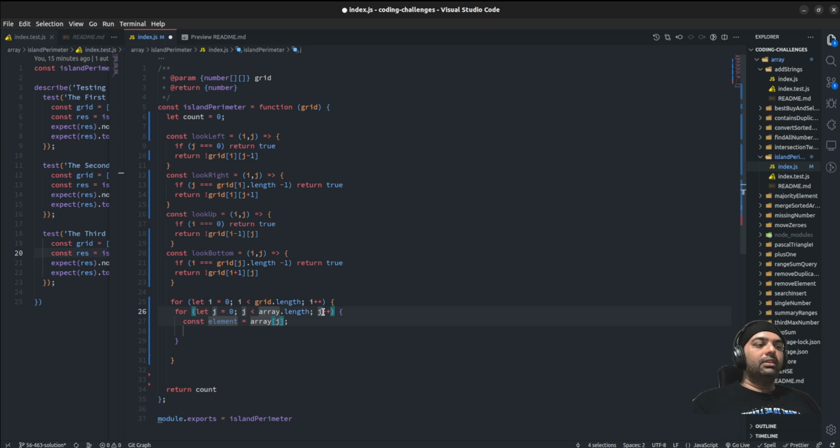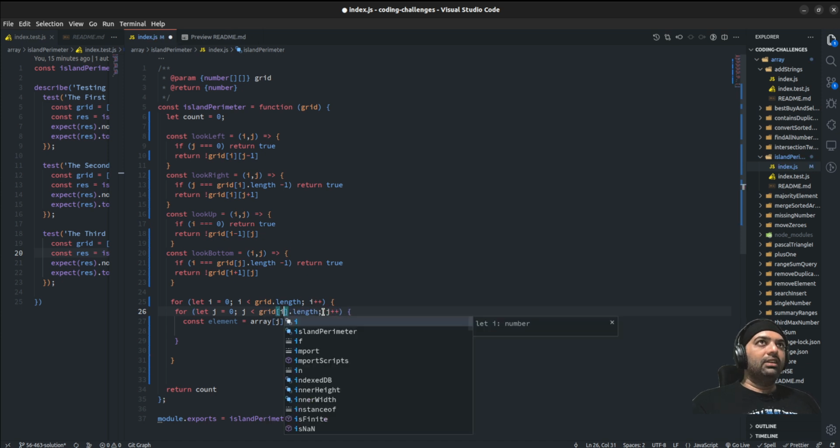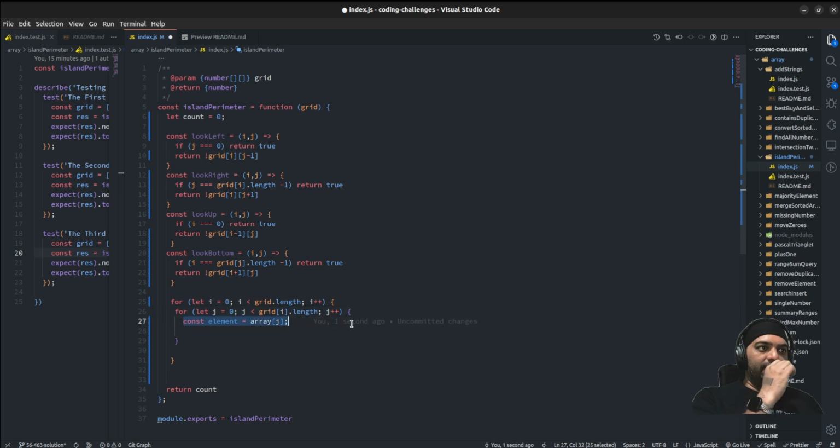It would be grid of i dot length, and it would have j incremental.